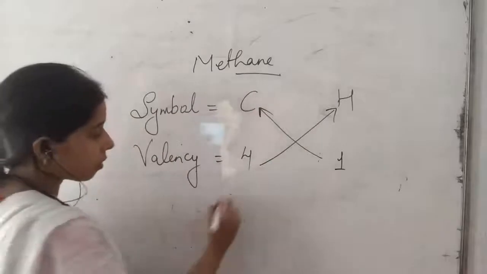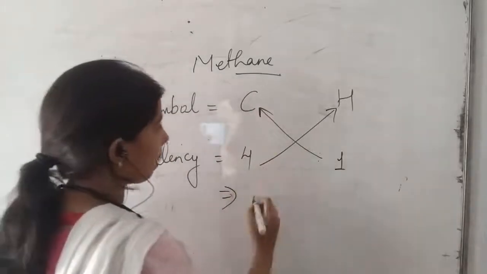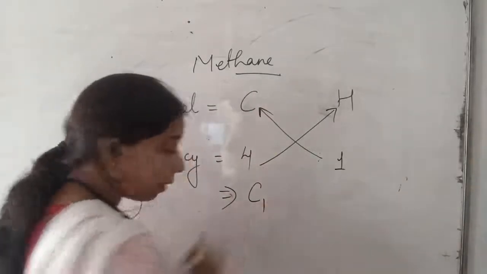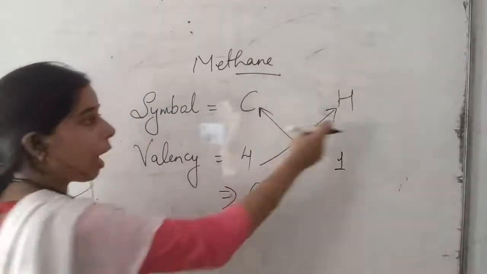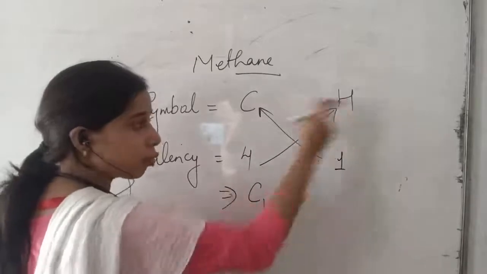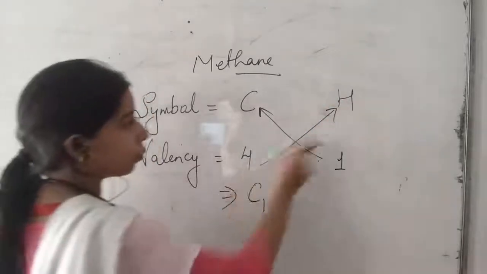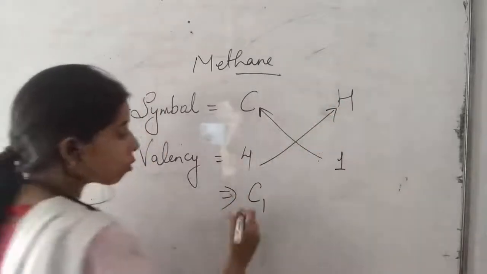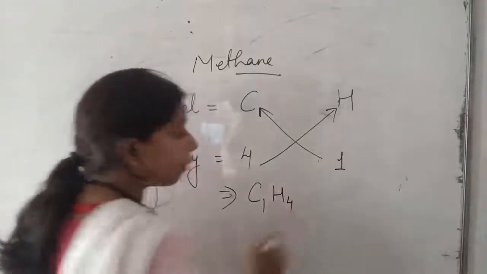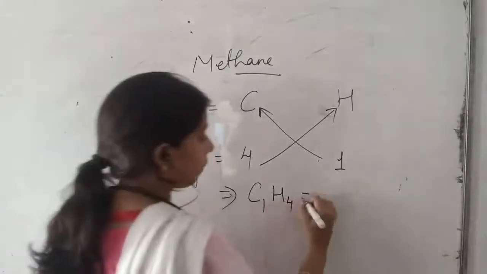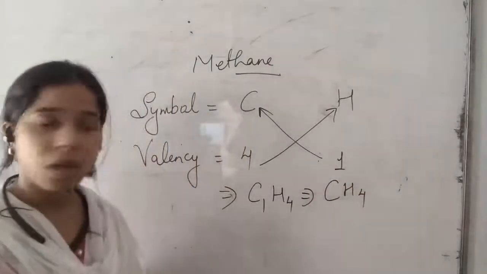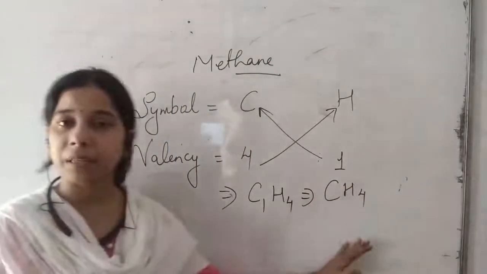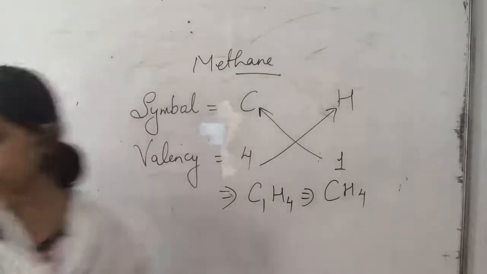They will crisscross each other, so 1 will be the subscript of carbon and 4 will be the subscript of hydrogen. So C1H4 will be the formula, or we will write it as CH4. So the formula of methane is CH4.